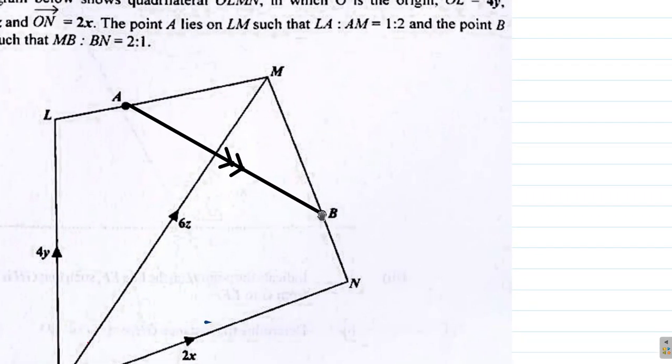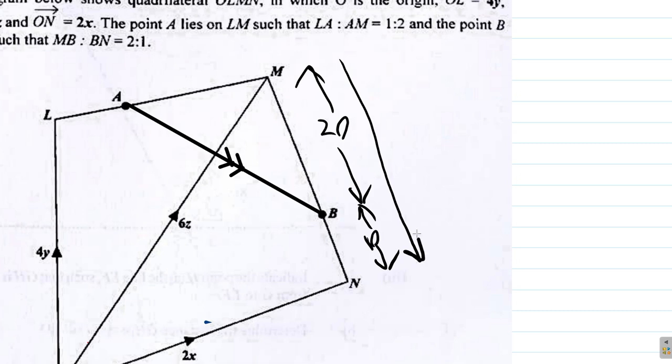Going from M to B. MB is 2/3 MN. You see that? If this was 20, this would be 10.